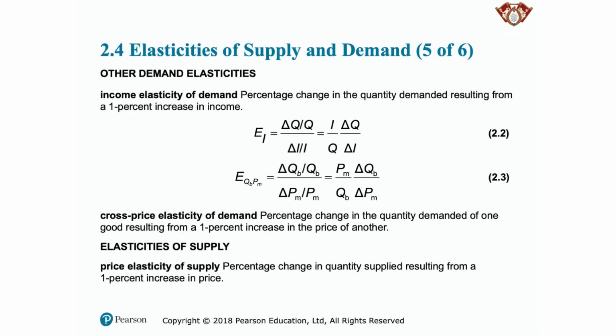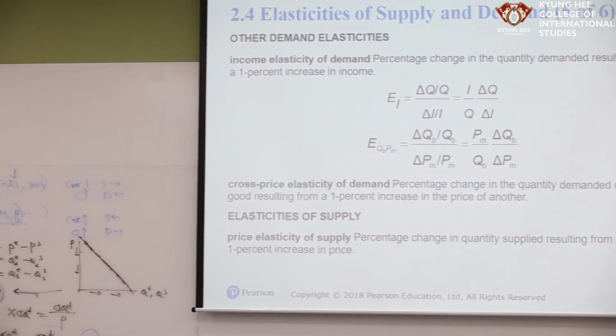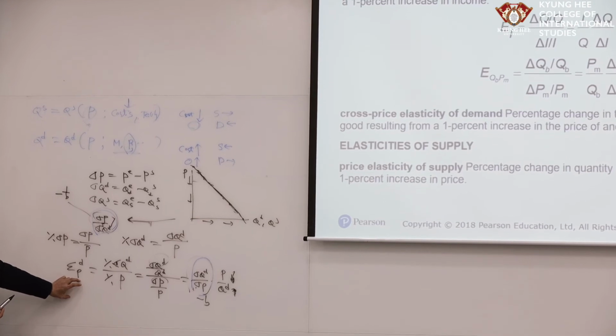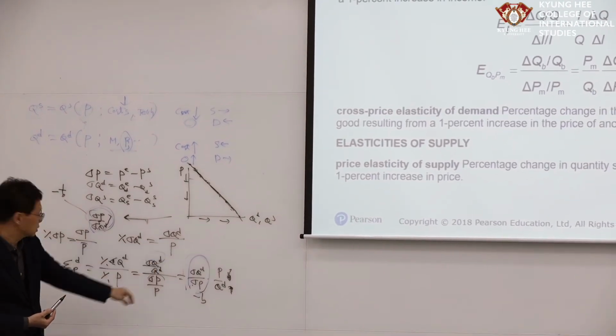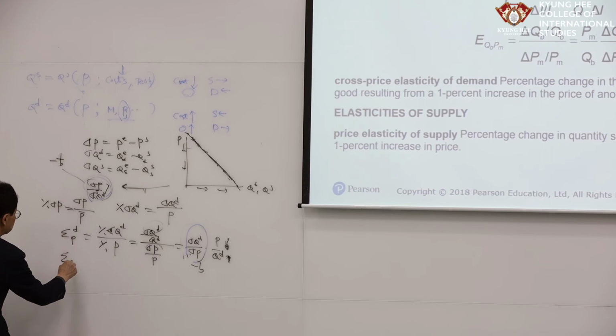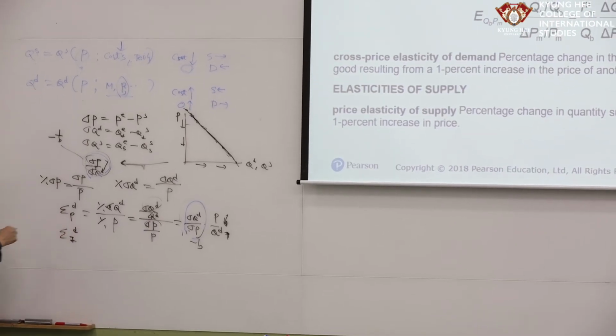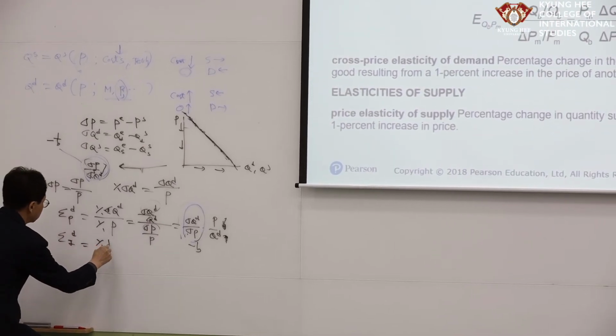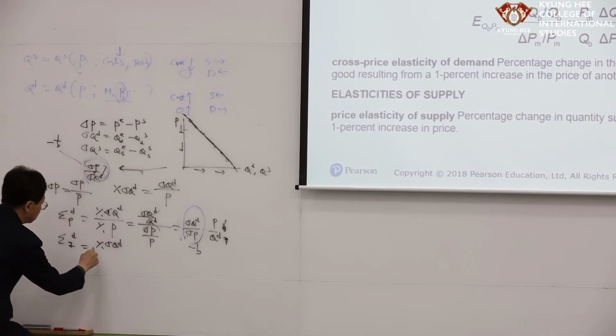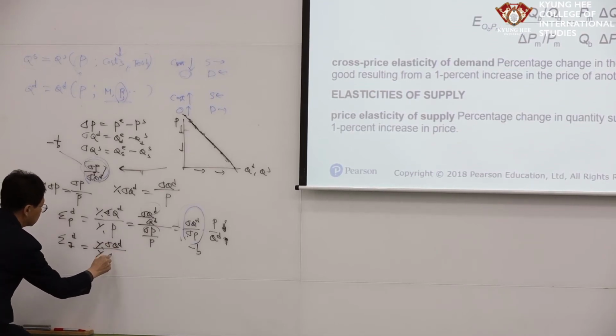So think about this: income elasticity of demand. What is the income elasticity of demand, right? Income elasticity of demand is equal to the percentage change in quantity demanded over the percentage change in income, right?